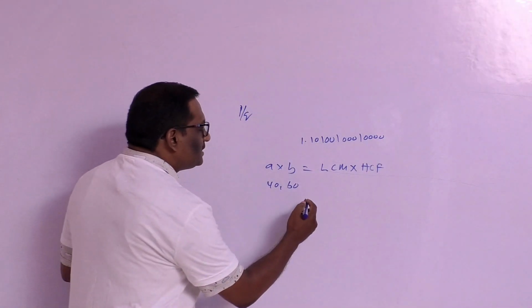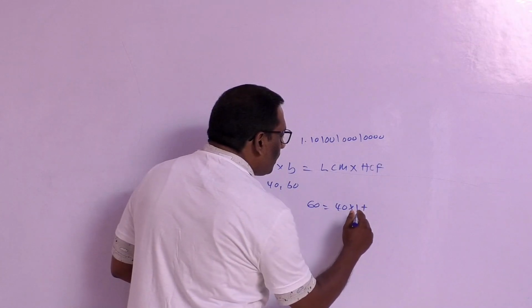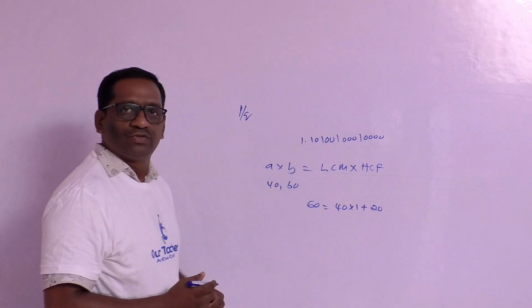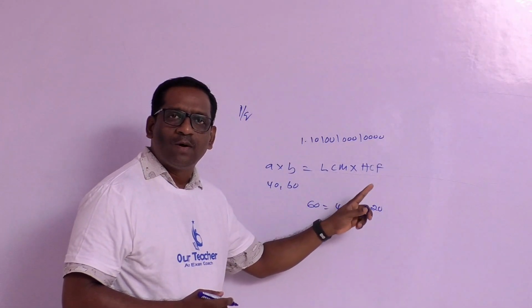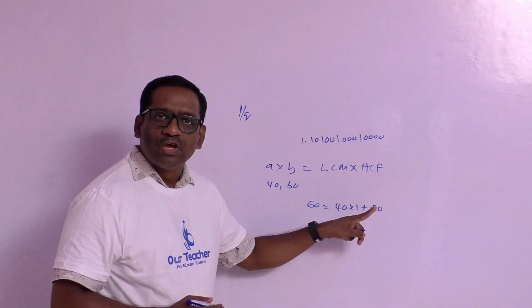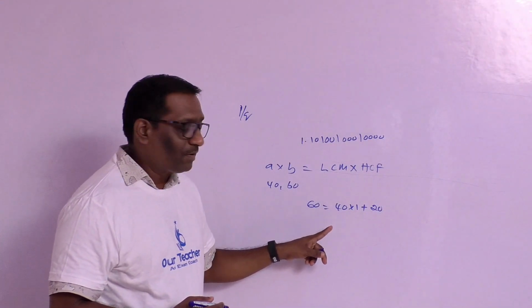How to find it: 60 is equal to 40 into 1 plus 20. So here we will take 40 again. 40 is equal to 20 into 2 plus 0. This is called the remainder. So when you get the remainder 0, the divisor we are taking at that step will be the HCF.